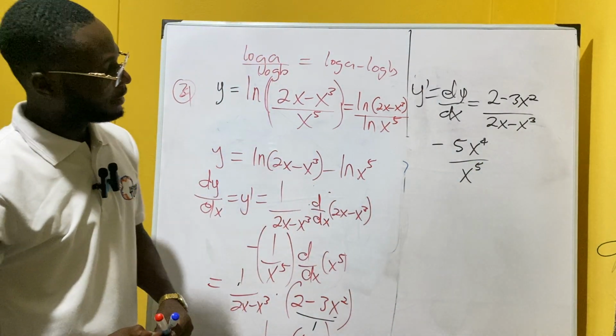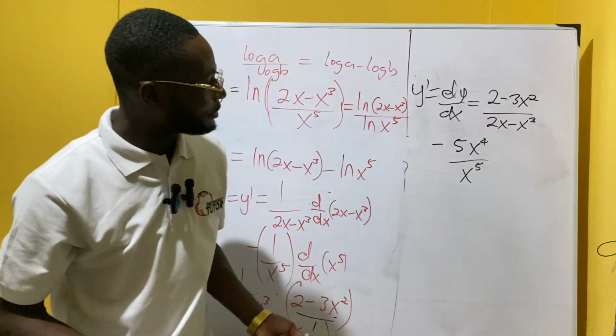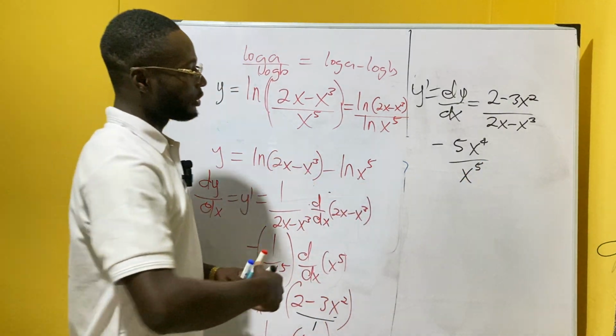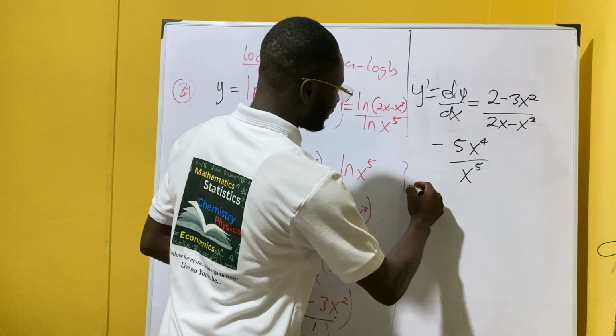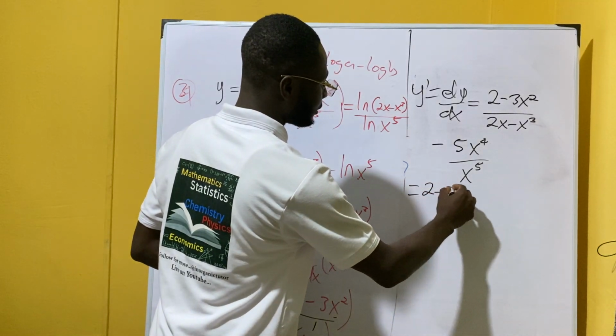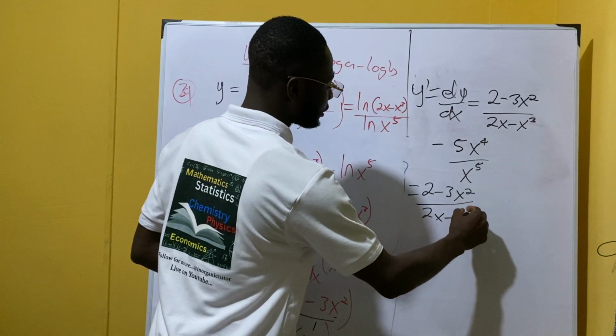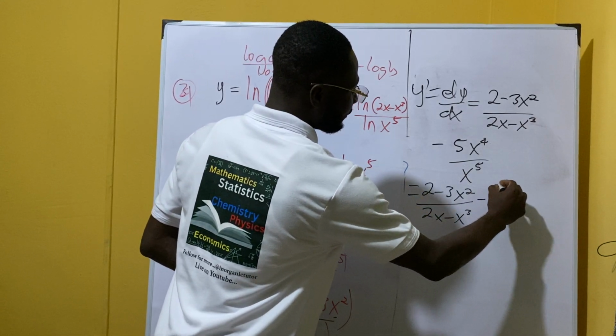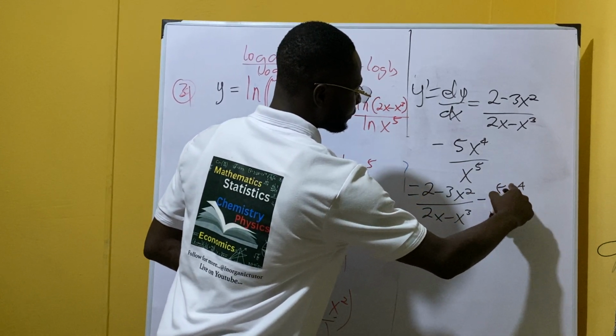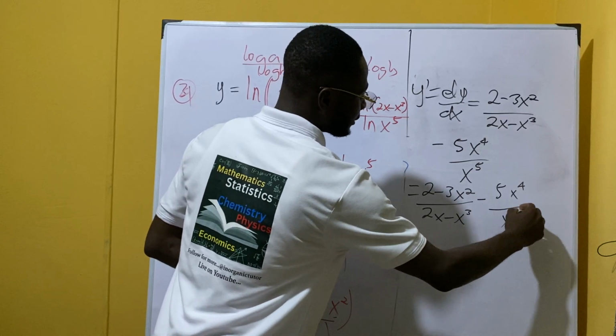I think this is already simplified, or we can go ahead and say that this is equal to (2 minus 3x squared) over (2x minus x cubed) minus 5x to the 4 all over x to the 5.